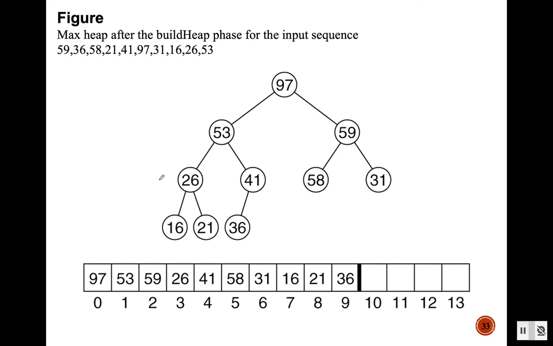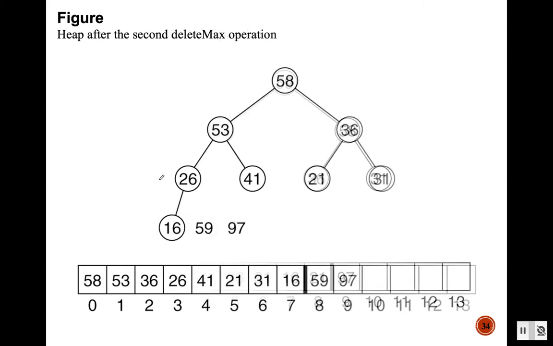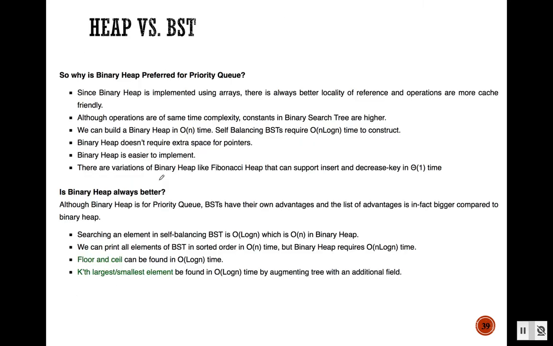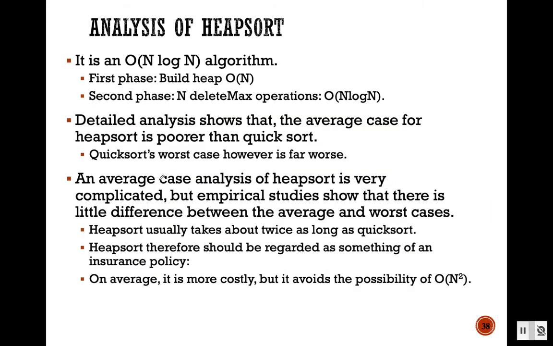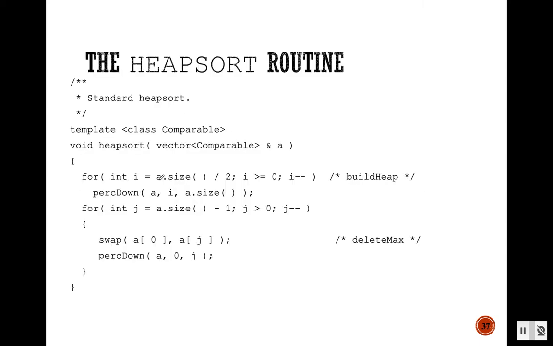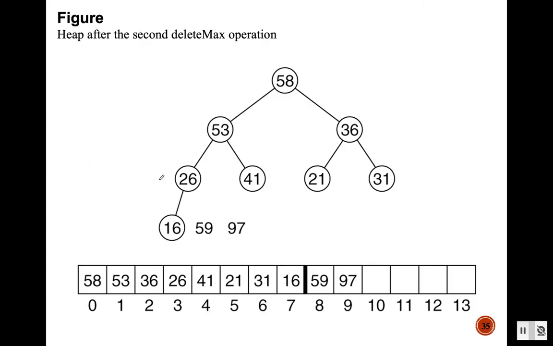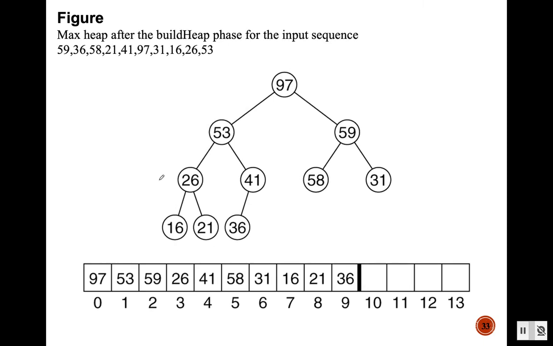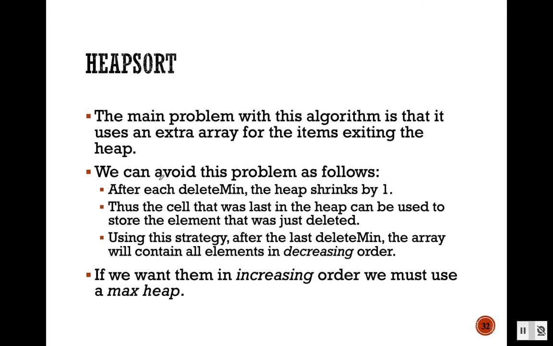In the last class we already discussed heap sort and the analysis of the heap sort algorithm, and we discussed that we use the binary heap as an implementation of a priority queue.